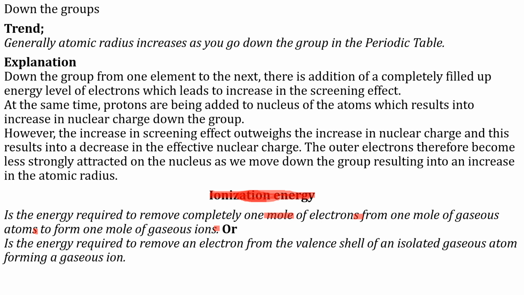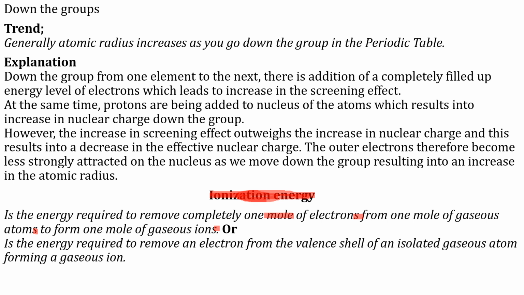So if you are done with the notes, go back, look through your definition, and rectify it. In plural, ionization energy can be defined as the energy required to remove completely 1 mole of electrons from 1 mole of gaseous atoms to form 1 mole of gaseous ions. Everywhere you're using mole, make sure that everything is in plural.